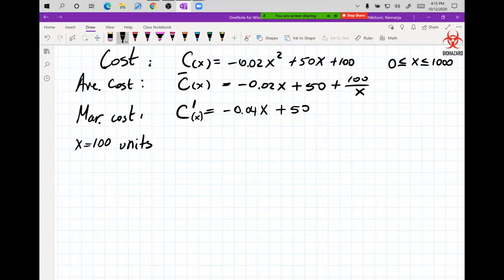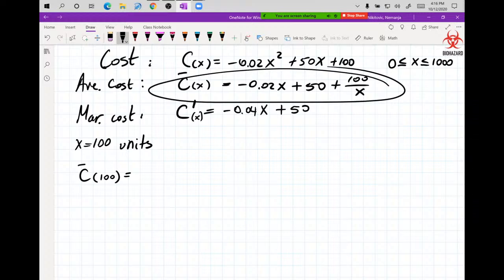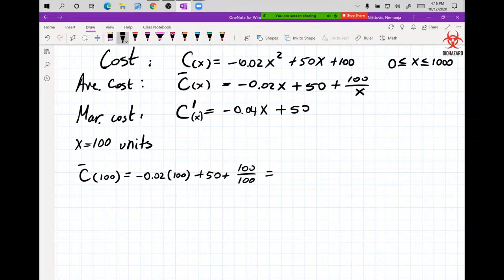Let's go and see this. The average cost of making 100 units is what? Well, plug in 100 in there. So that's negative 0.02 times 100 plus 50 plus 100 over 100. That gives me negative 2 plus 50 plus 1 for the total of, this is going to be $49 per unit cost, right?